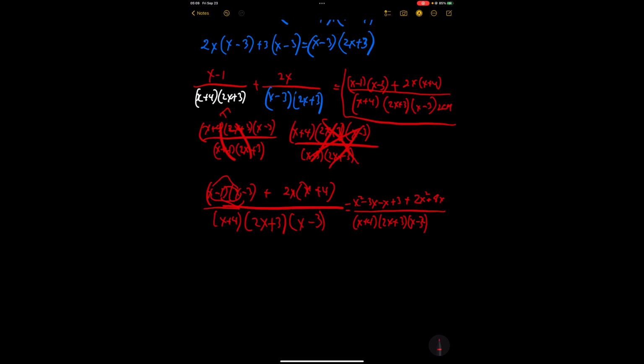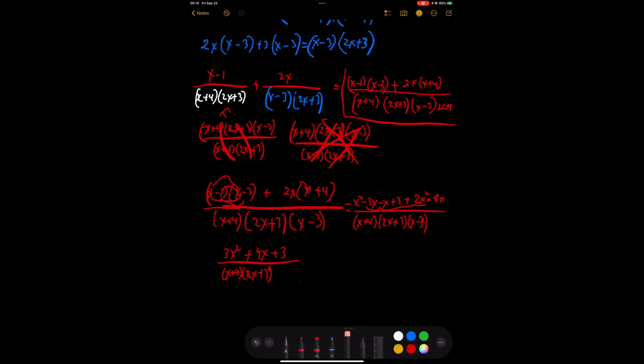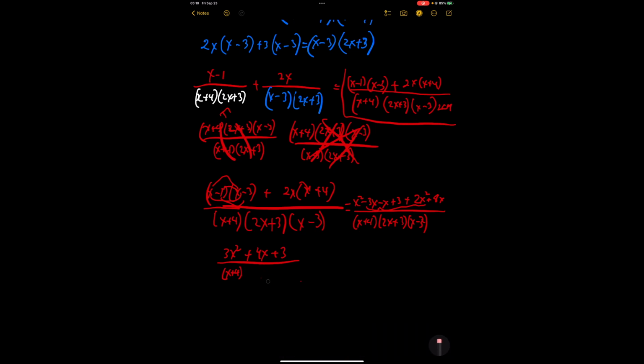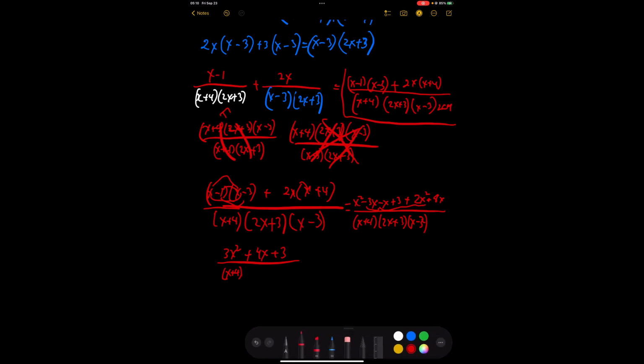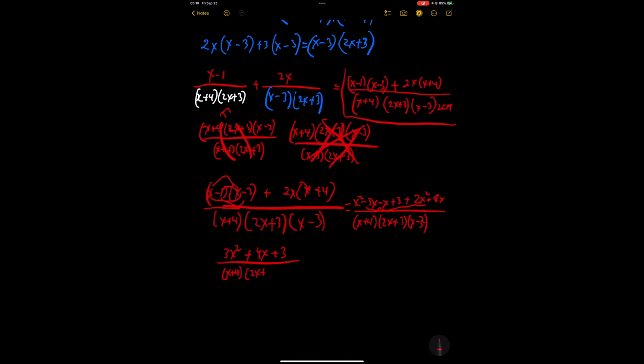So x squared plus 2x squared is equal to 3x squared. Negative 3x minus x is equal to negative 4x. And negative 4x plus 8x is equal to positive 4x, and plus 3, over x plus 4 times 2x plus 3 times x minus 3.